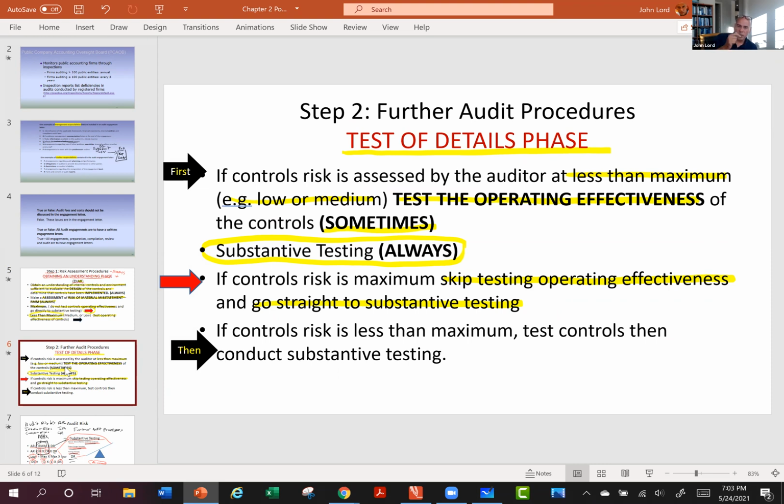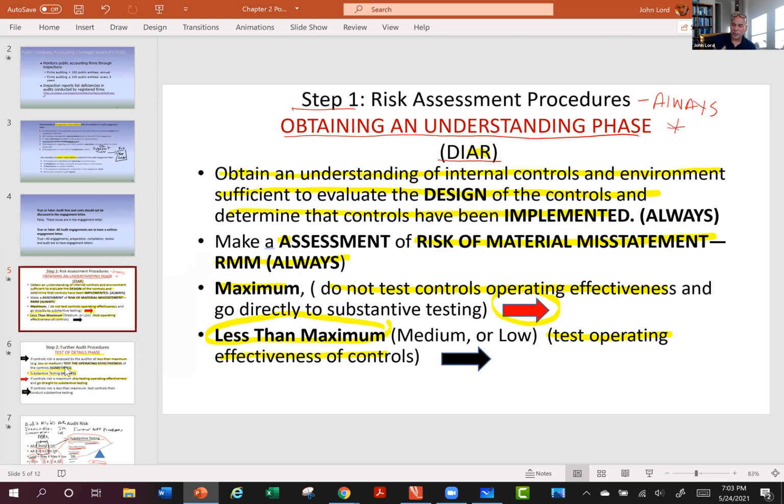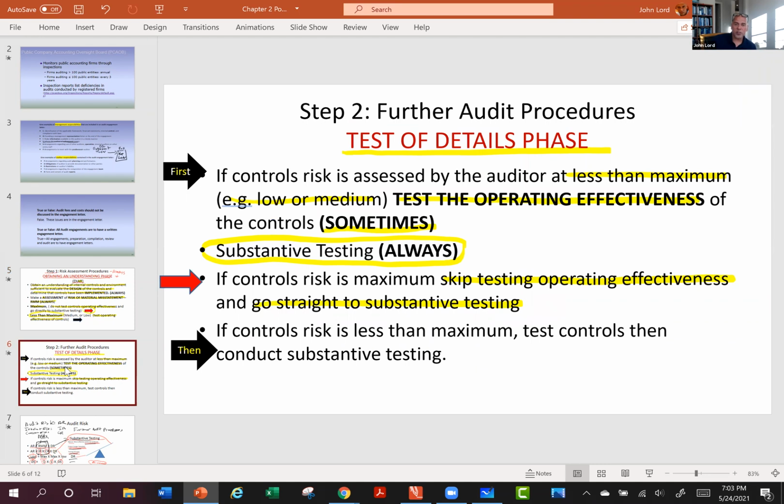And we know from the book, substantive testing can include tests of details and analytical procedures. Okay. Now, if we assess the risk of material misstatement at less than the maximum, then yes, we will first have to test, key phrase, operating effectiveness of the controls, and then we will conduct our substantive testing.